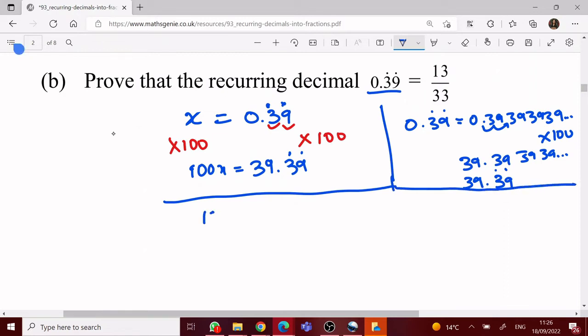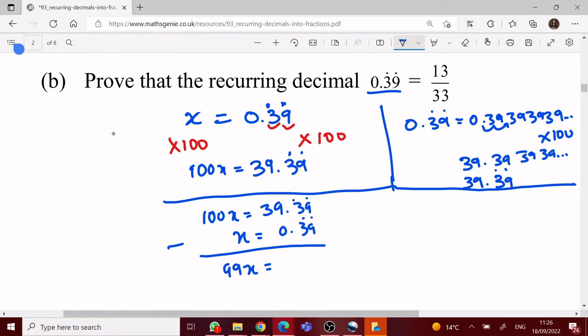So you have 100x is equal to 39.39 recurring, and then we have x is equal to 0.39 recurring, and you simply subtract these two equations. You get 100x minus x, which will give you 99x, and that's equal to 39.39 recurring minus 0.39 recurring, which means the recurrings cancel out and you're left with just 39.